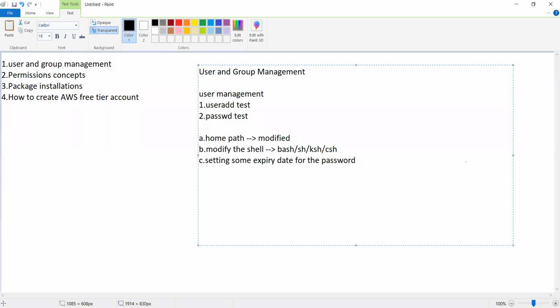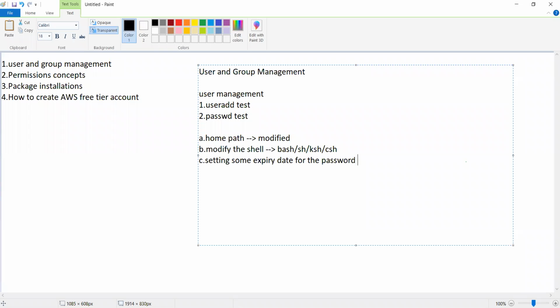You created a password, it's well and good, but in real time, we will not keep a password for that user for a long duration. We will limit that particular duration, right? So this is the third option. So 3 things I can achieve with user management, guys.